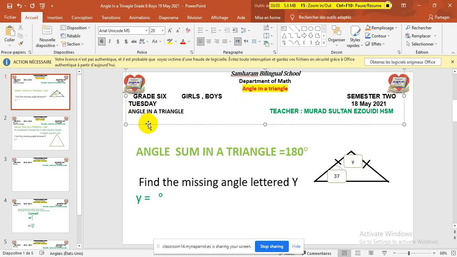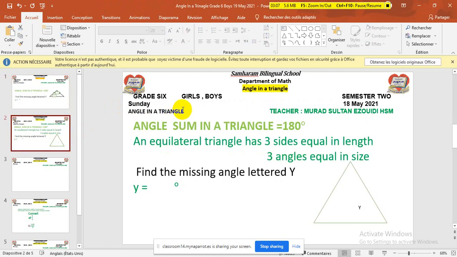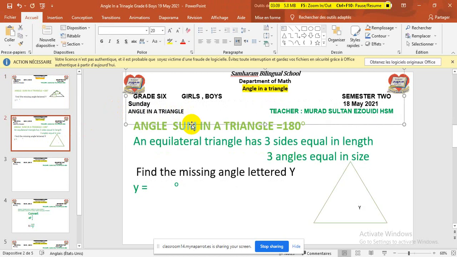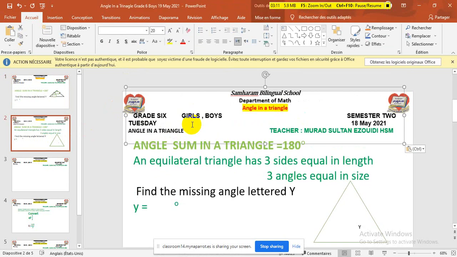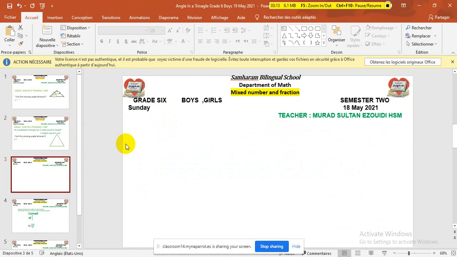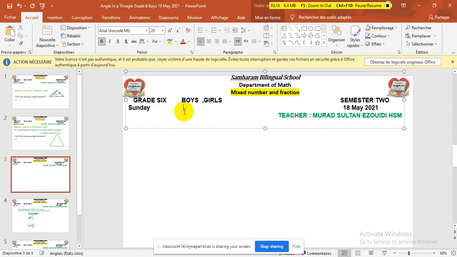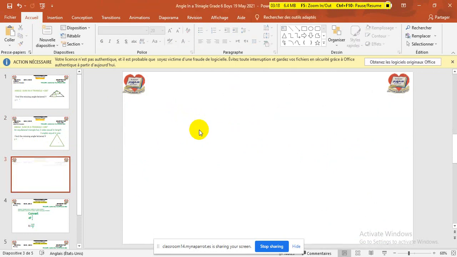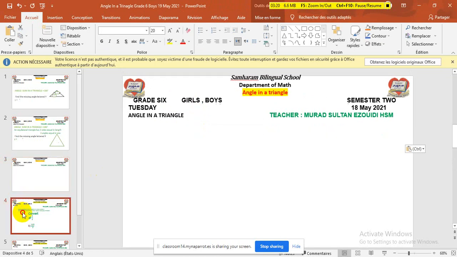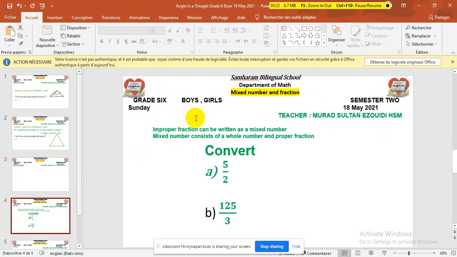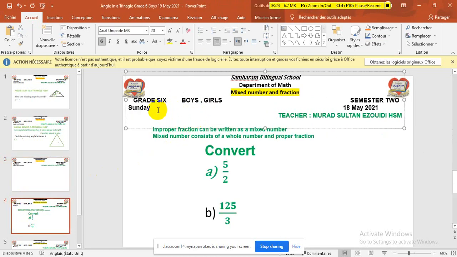Okay, we'll come to the next step. I'll just read this. Then it comes here also. The next number here, I'll make Tuesday 18.